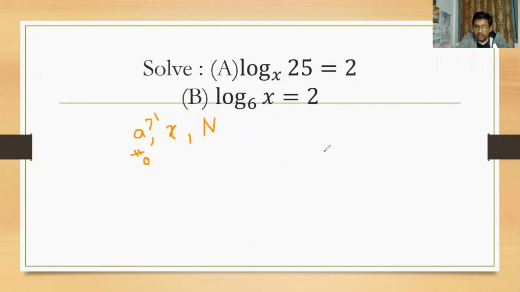Okay, then a to the power x is equal to n. Okay, then the logarithm of x, right? Then the thing is log of n with base a is going to be x. Okay, so I think this is clear to all of you, right?